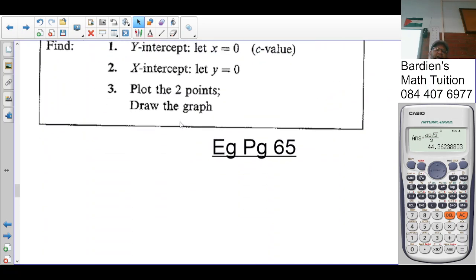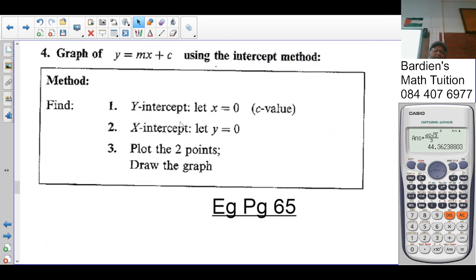I think from now onwards we're going to start implementing that your class test counts towards your term work. I think we should be doing that, so that it can be continuous revision, and you guys can start taking it seriously.